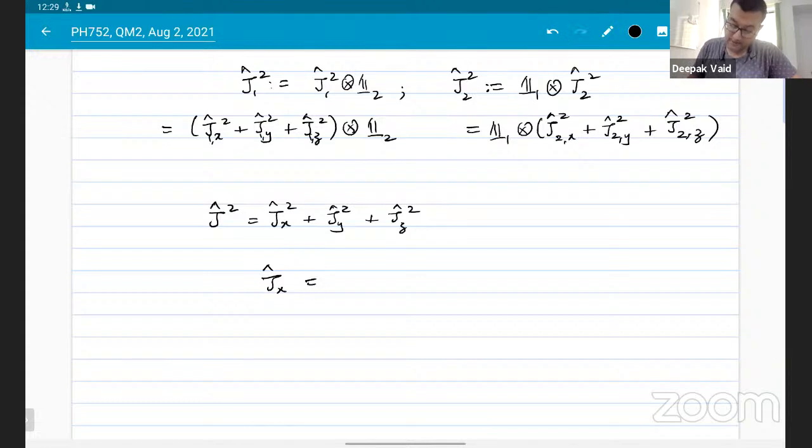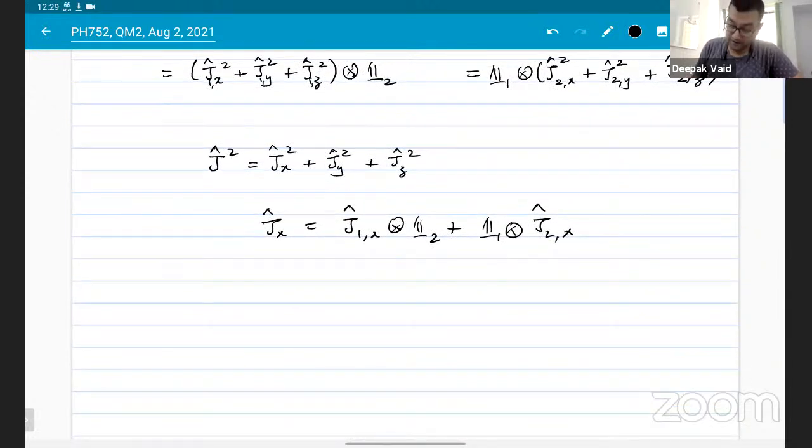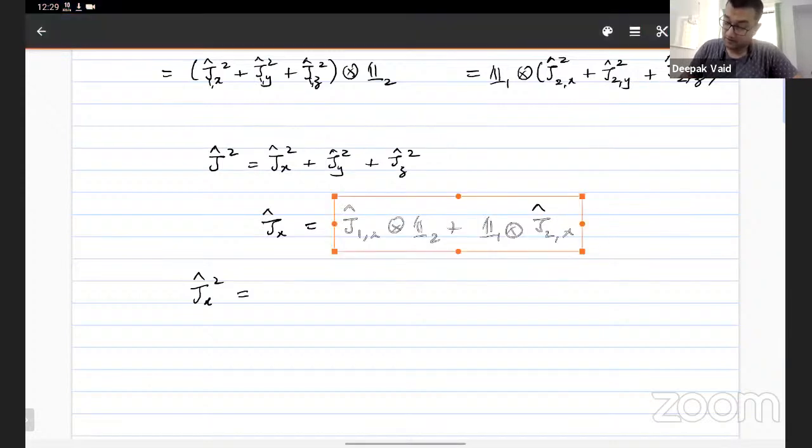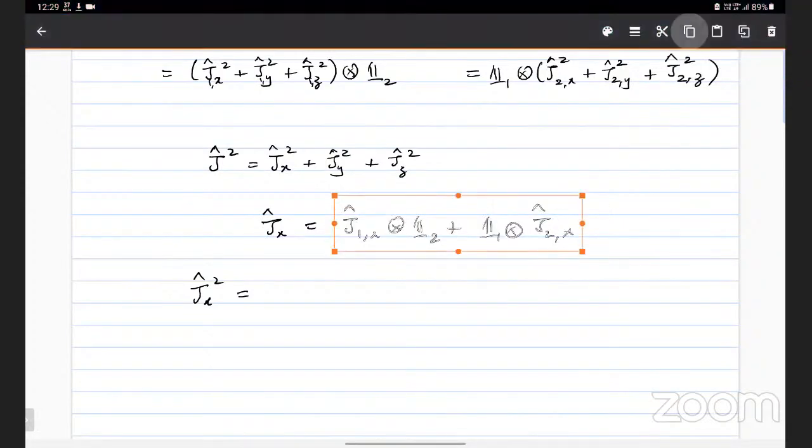Jx is J1x tensor I2, plus I1 tensor J2x, right? So what is Jx squared, the composite one? It is the square of this whole thing, right?